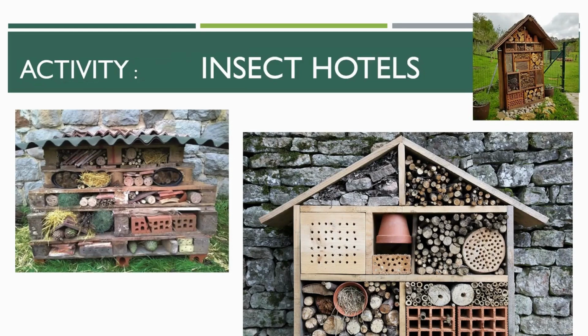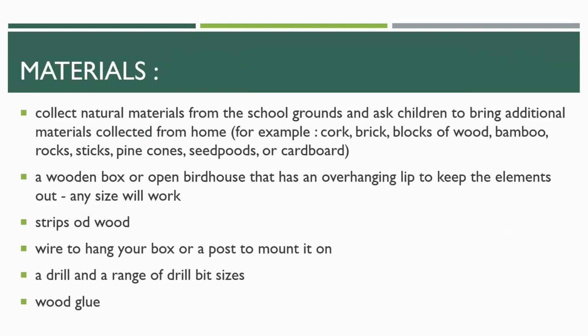This will provide a home for beneficial insects that we'll use in our garden. What do we need for this? We need natural materials from the school grounds, or we can ask children to bring materials from their home. For example, cork, brick, blocks of wood, bamboo, rocks, sticks, pine cones, seed pods, or cardboard.